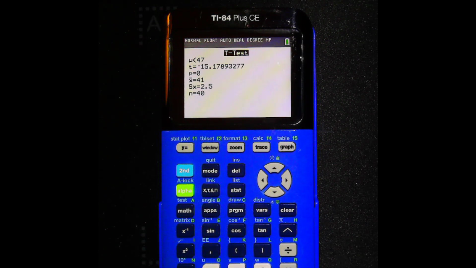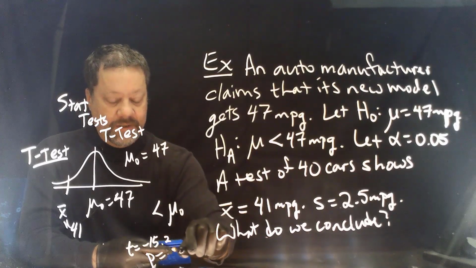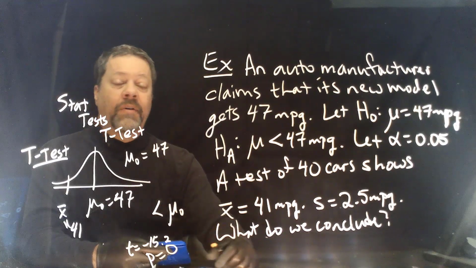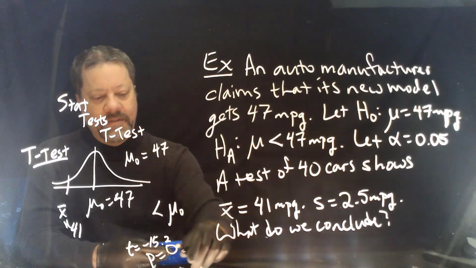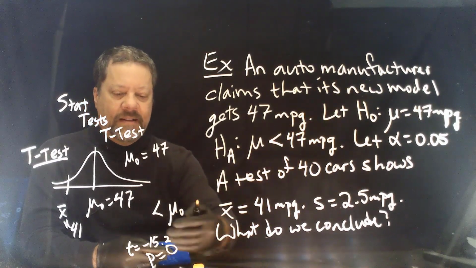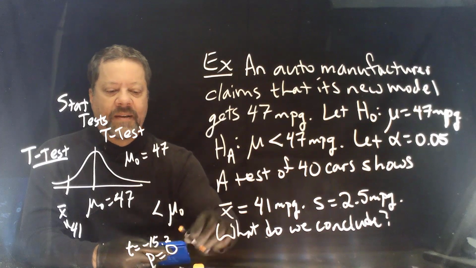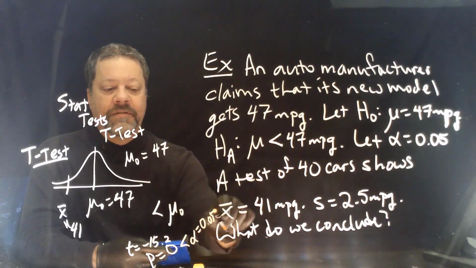That's the standard error for the distribution of sample means. And it tells us that the p-value is essentially 0. It's so small that there really are some other decimals out here, but they're so far out that it rounds it to 0. That's way less than alpha equals 0.05.